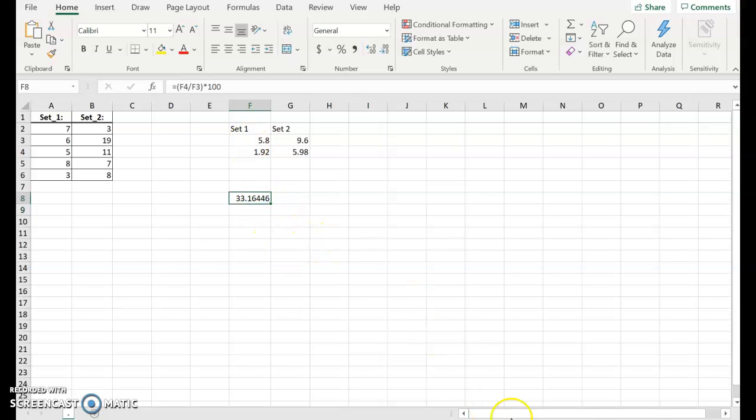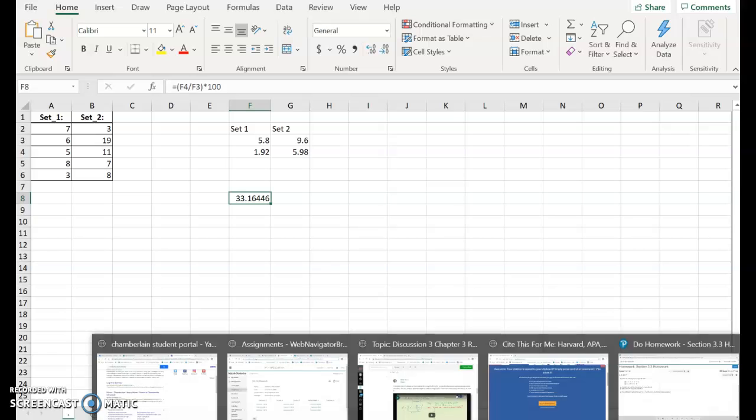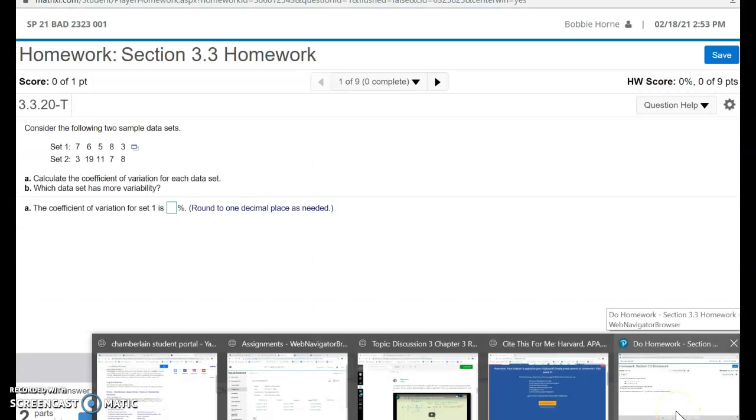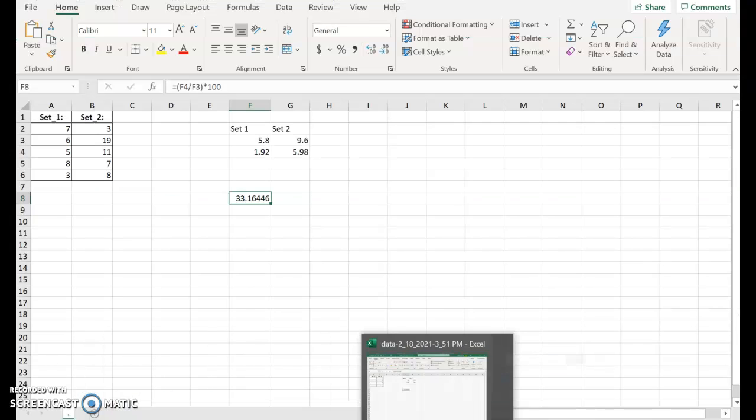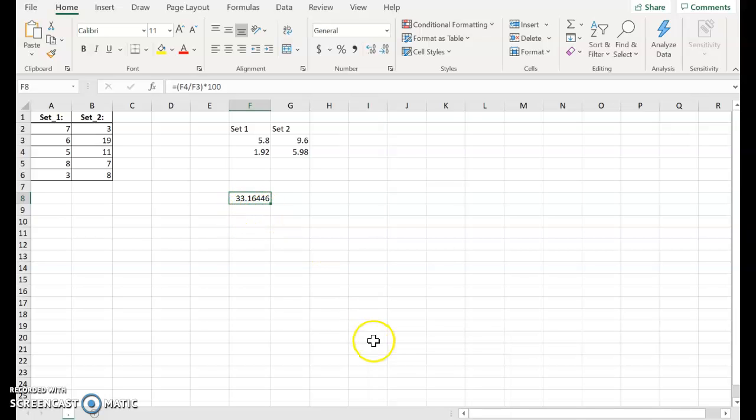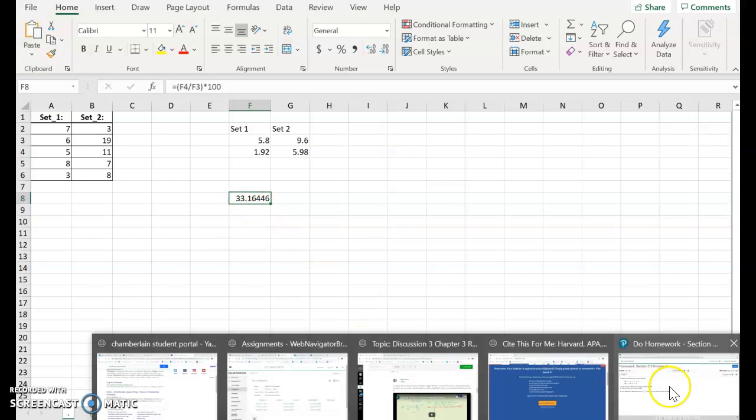So here is my answer, but I believe they wanted us to round to 1 decimal place. So we're going to do 33.2.